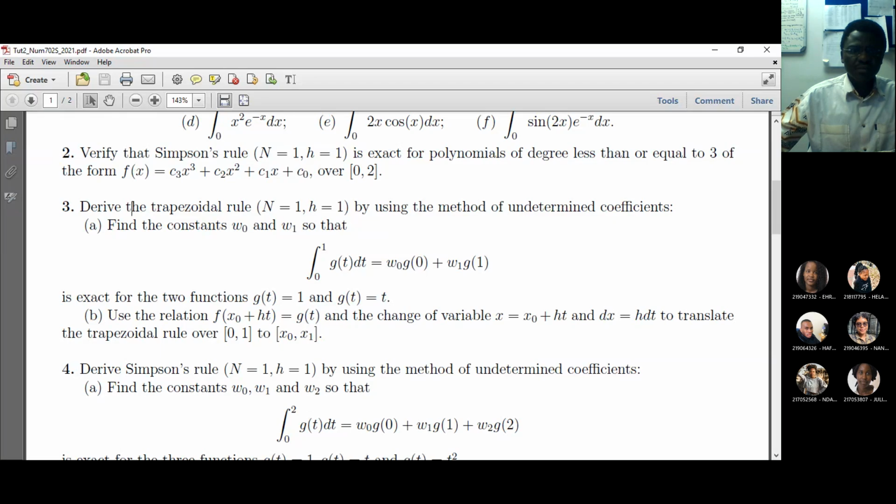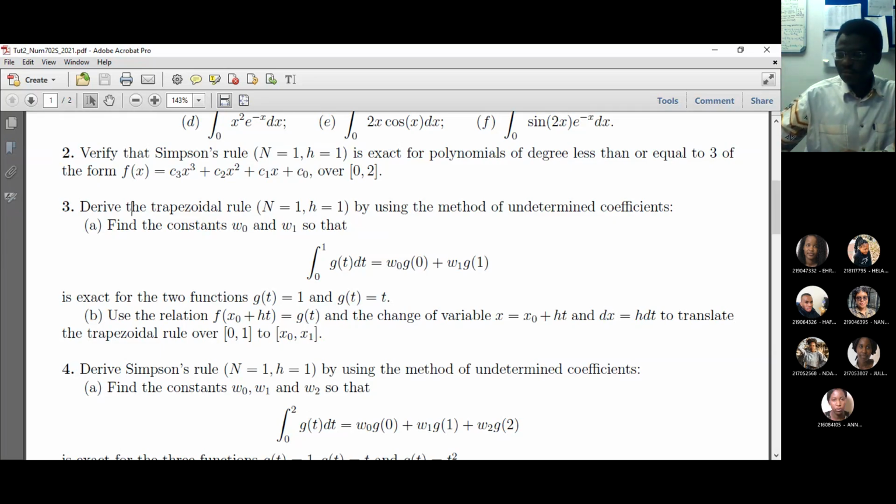And we know that if you integrate g t from 0 to 1, then the right hand side will be this integral because it will be exact, for this type of polynomial. But now, if g is neither of this, therefore it will be an approximation.